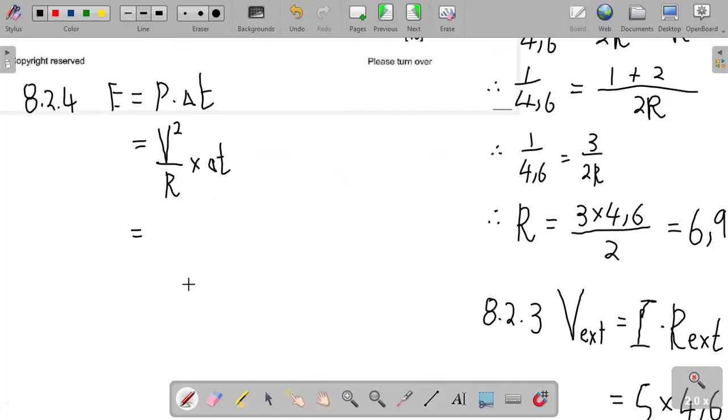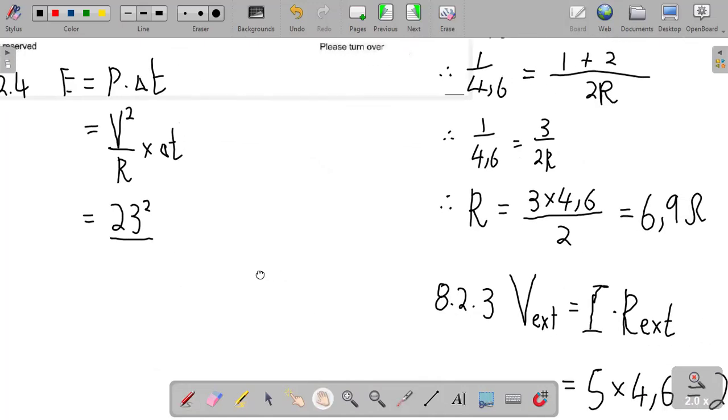So take the voltage that we have, which is 23. It's going to be 23 squared divided by R, which we found here, 6.9.